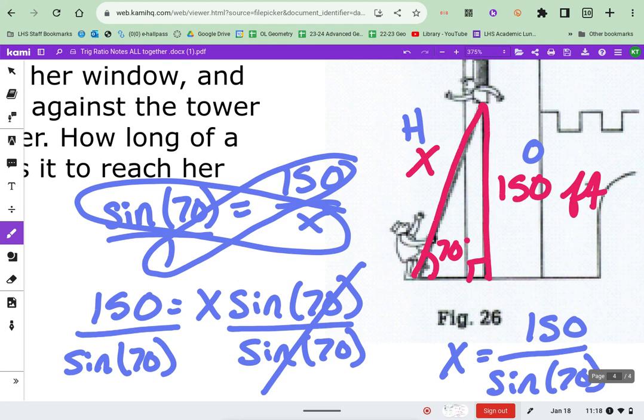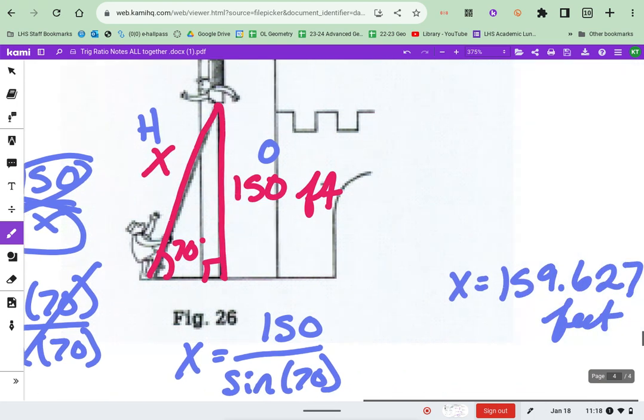So the hypotenuse was your variable. Opposite was 150, so sine of 70 equals 150 over x. Once you solve for x, x is 150 divided by sine of 70. So you should have gotten 159.67.